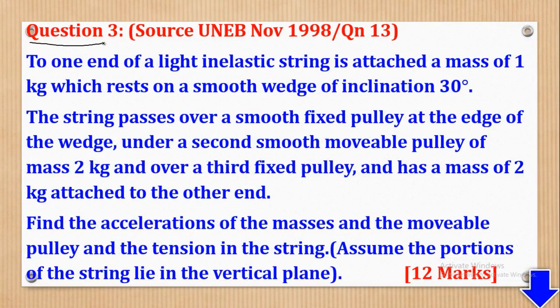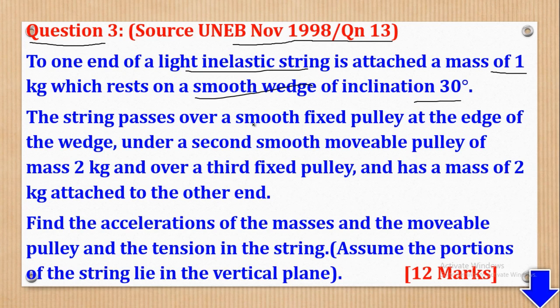Now we shall go to question 3, and question 3 was got from UNEB of November 1998, paper 2, question 13, and says, to one end of a light inelastic string is attached a mass of 1 kilogram which rests on a smooth wedge of inclination 30 degrees.